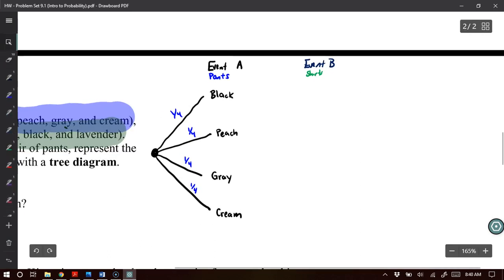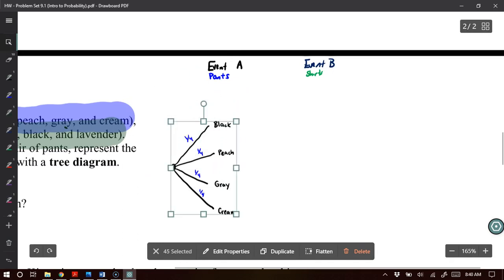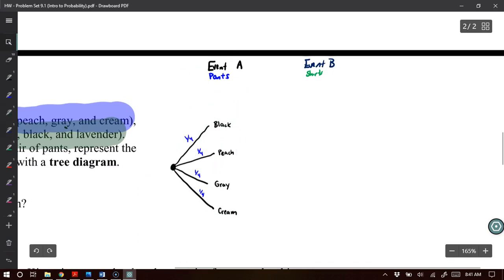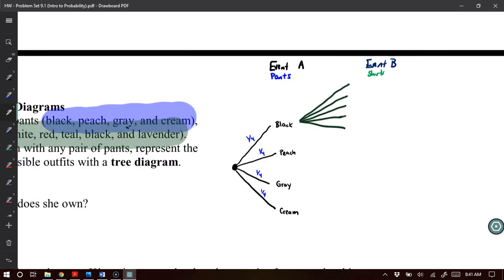So the hard part about tree diagrams is you always run out of space. So we'll make it a little bit smaller. Here we go. Let's see if this works. So I have 1, 2, 3, 4, 5. And that's white, red, teal, black, lavender.